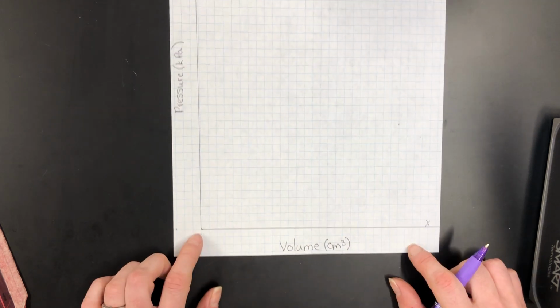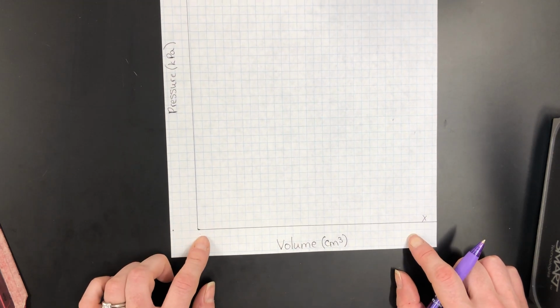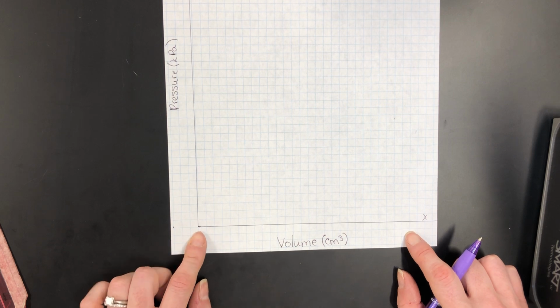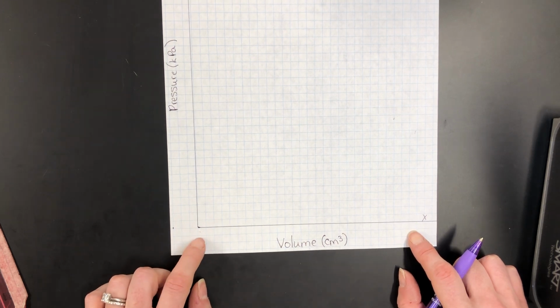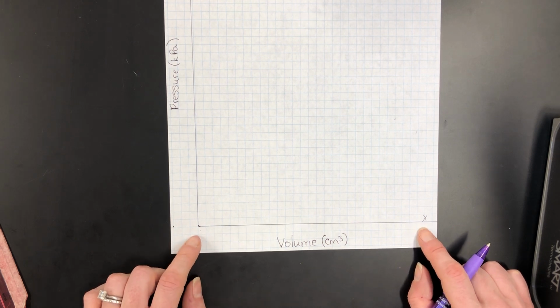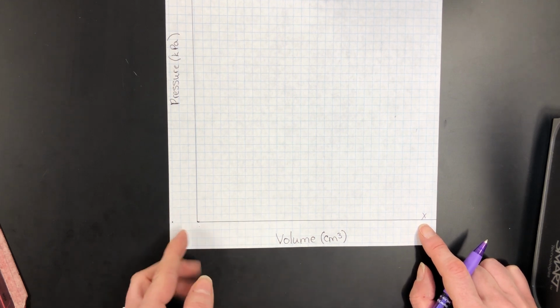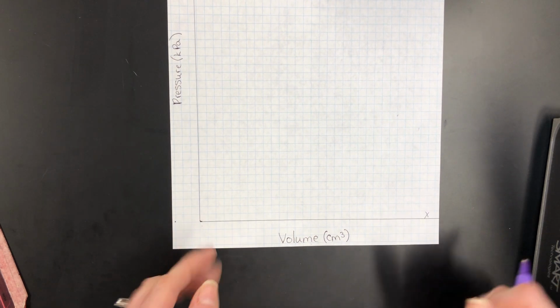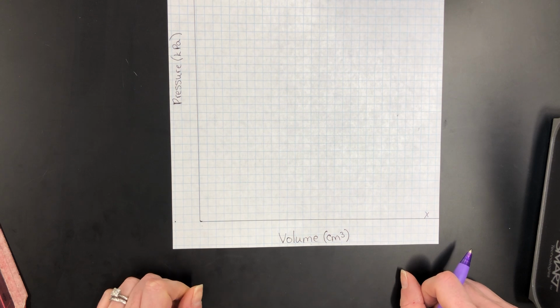For this one, we need to create a scale for the x-axis that goes from the lowest value on our data table to the highest value on our data table. The lowest value is 50. The highest is 300. So we need to go from 50 all the way up to 300 evenly.